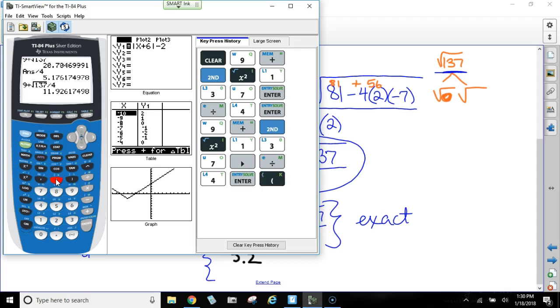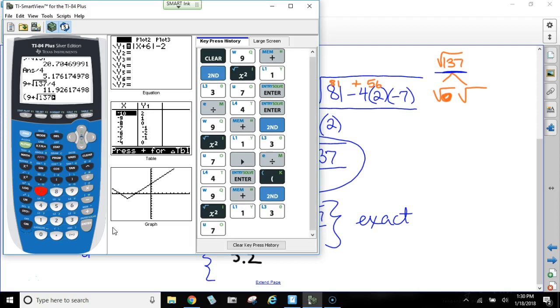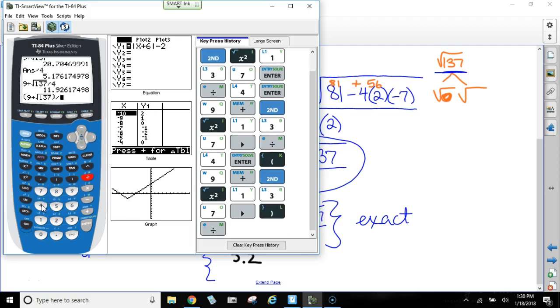You can do the whole thing if you use your parenthesis key: 9 plus the square root of 137, cursor out from underneath the radical, close the parenthesis for the numerator, and then divide by 4. That should give us the correct answer of 5.176.